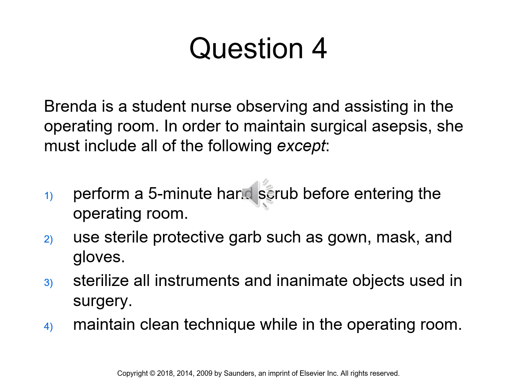Sterilize all instruments and inanimate objects used in the surgery. Or 4. Maintain clean technique while in the operating room. So the answer is going to be 4. Maintain clean technique while in the operating room, because this is medical asepsis, and if we're in the operating room, we need sterile technique. So we're not going to use medical asepsis in this situation.